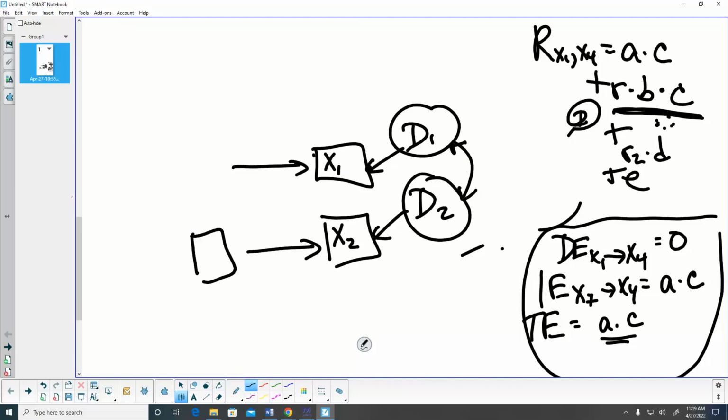I'll make this W1 and W2. Let's say I wanted to ask, what is the model implied correlation between X1 and X2? How can you get from X1 to X2? Let me label these: A, B, C, and let's say R.